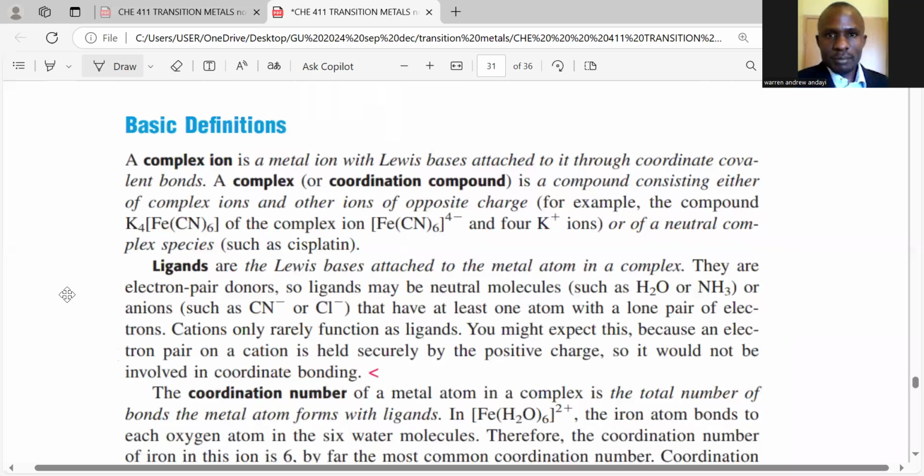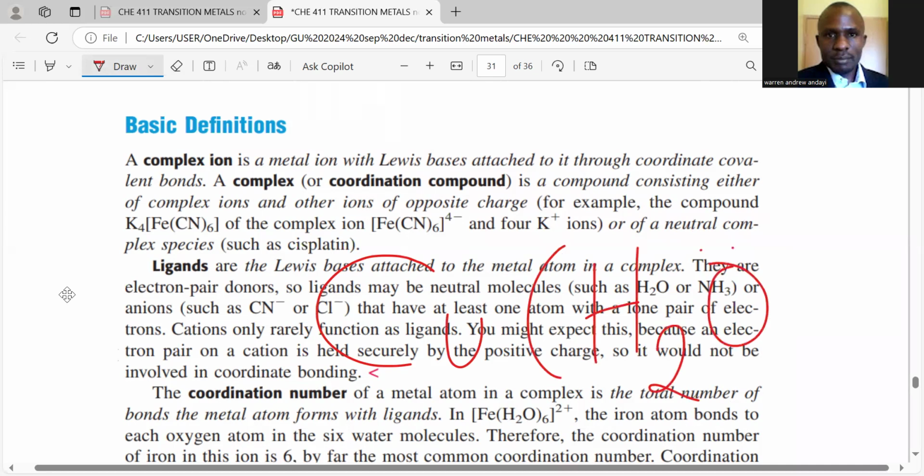So what is a complex ion? It is a metal ion with a Lewis base attached to it through coordinate bonds. If I look at a complex ion like copper, why is it a complex ion? Because it has bases.